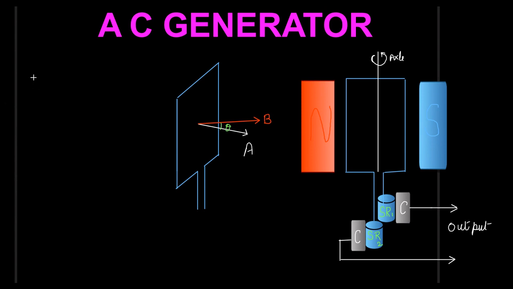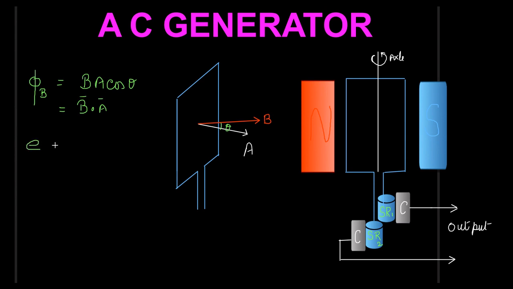Then how much is the magnetic flux linked with each turn of the coil, which is phi B? Phi B is equal to B into A cos theta, or that is equal to B dot A. How much is the EMF induced?